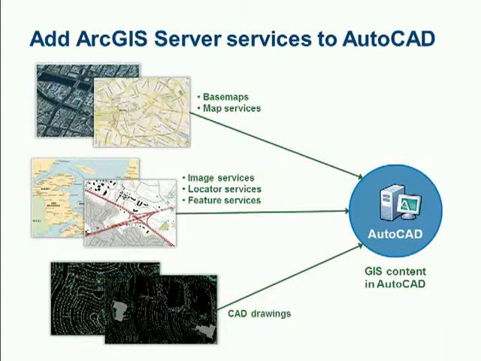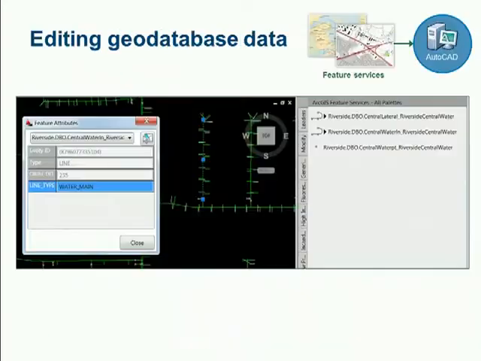Locator services allow you to quickly find your working area. And feature services allow for accessing the geodatabase from the drawing. These services may be provided by Esri, and/or they may be your own functional maps being served out using ArcGIS Server. They may also be services served out by organizations that you're working with.